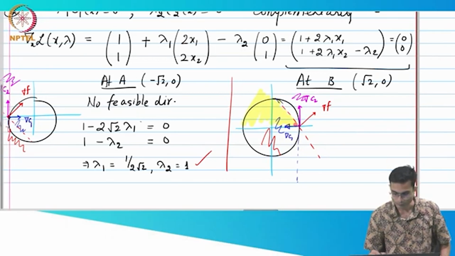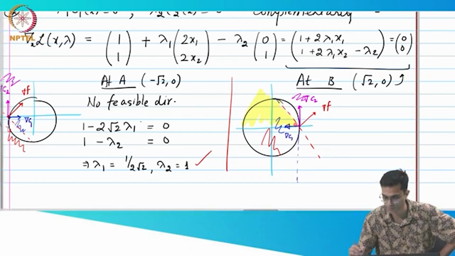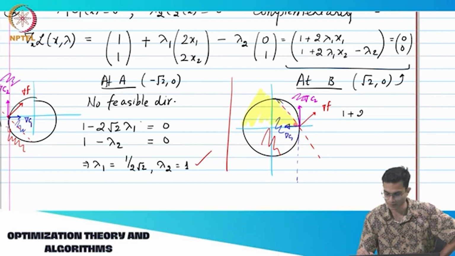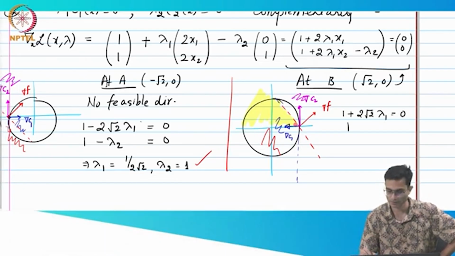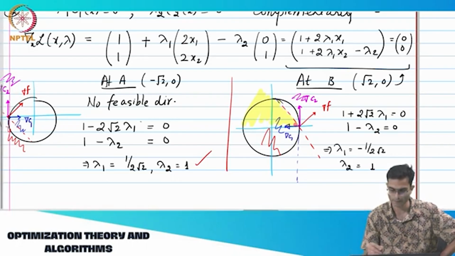So what will I get over here when I substitute root 2 comma 0 into this equation? Exactly, so I'm going to get 1 here, just the sign will flip over here. This is going to be the first one and this is going to be the second one. So it implies that lambda 1 is equal to minus 1 by 2 root 2 and lambda 2 equal to 1. Okay.